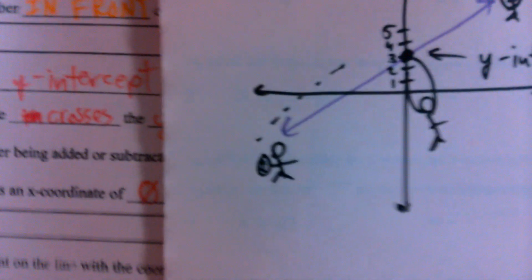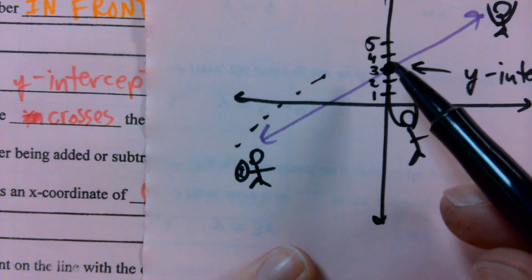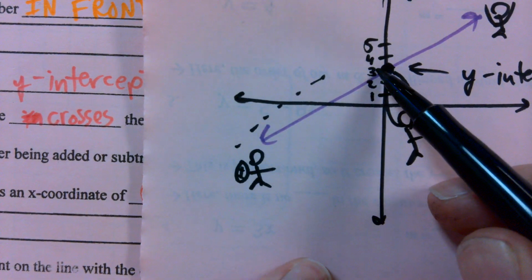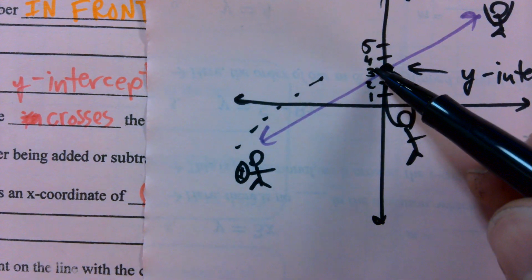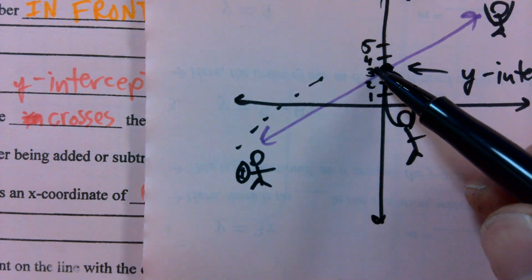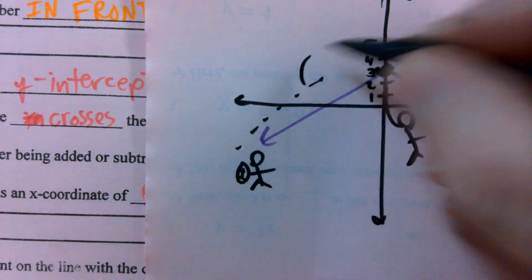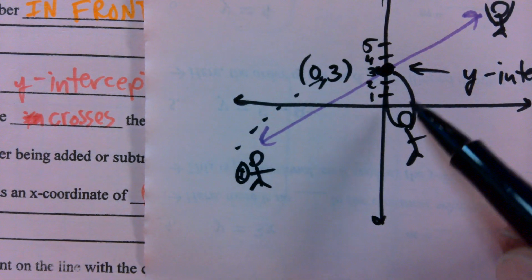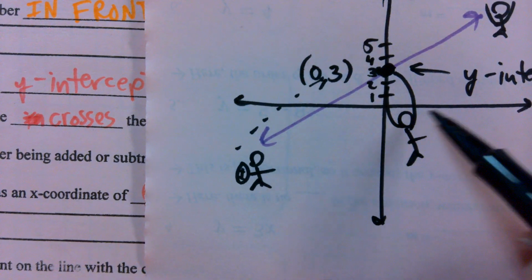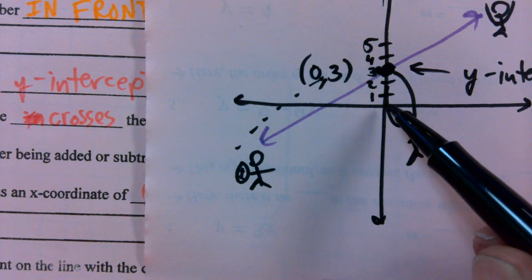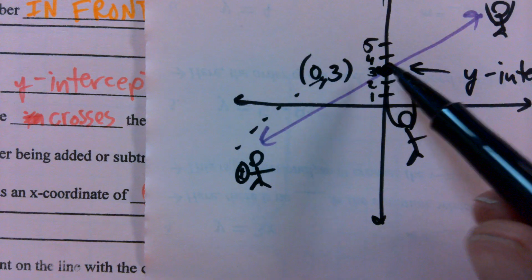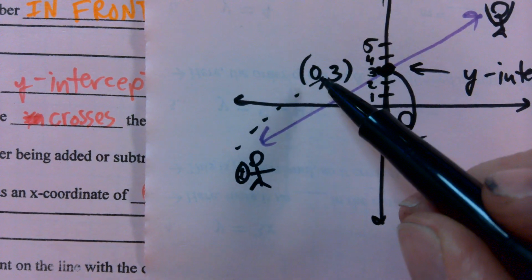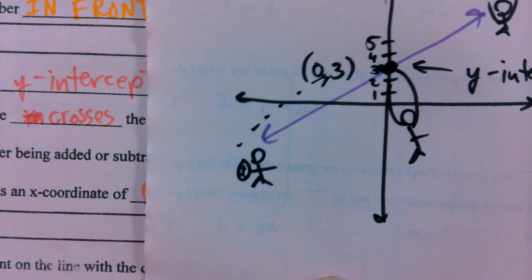I know, I drew it kind of poorly. 3, right? So this point here, you guys with me? Okay. This point here would have the coordinates 0, 3. Because on the x-axis we're going 0 spaces. On the y-axis we're going up 3. Okay? So my y-intercept is always going to have a 0 in the front.